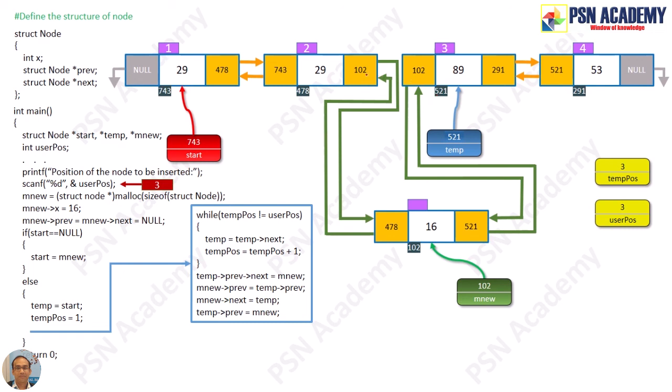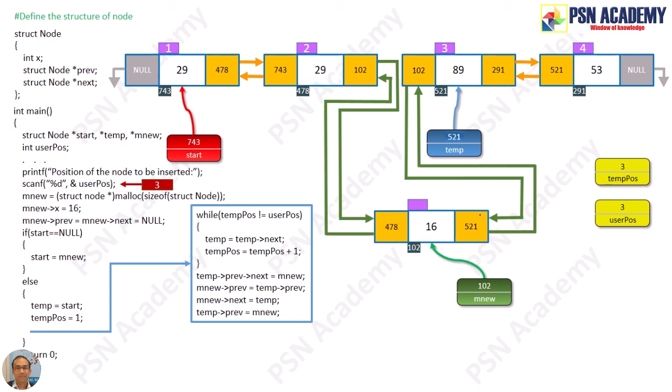So you can clearly see that after this second node at 478, this new node at 102 has been inserted properly, so that the next pointer of 478 is to 102. And of course, 102 is pointing back to 478.